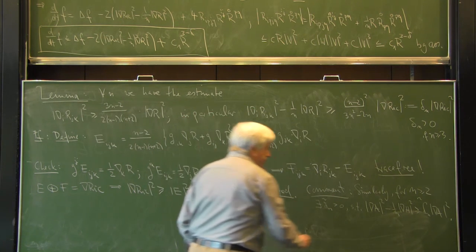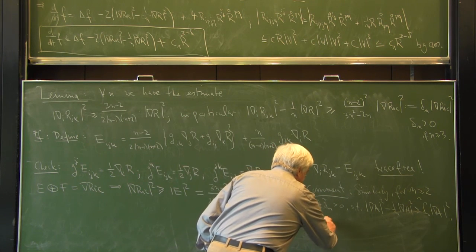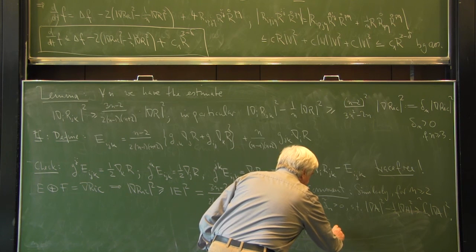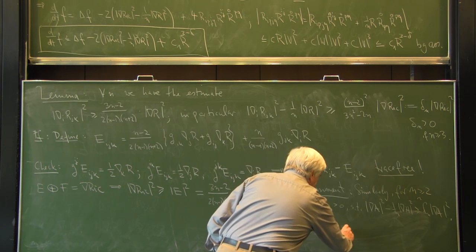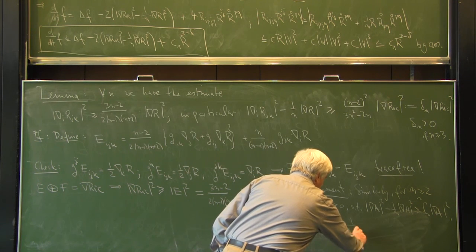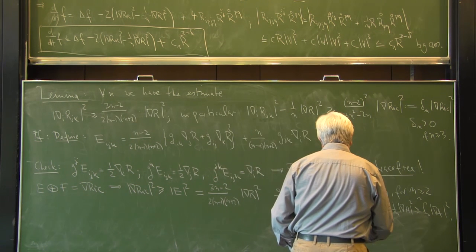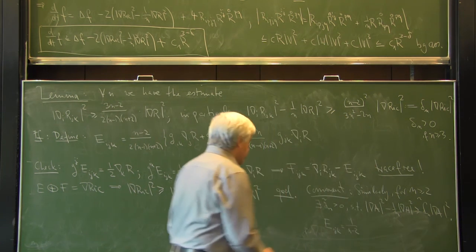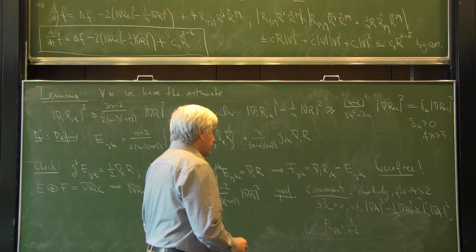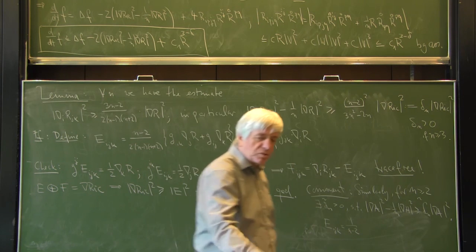And here you can do the computation yourself. The hint is that in this case, E_ijk would be 1 over n minus 2. Well, I don't remember it actually. I don't remember it. It's a good exercise.